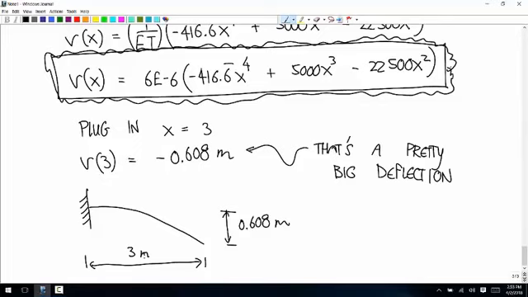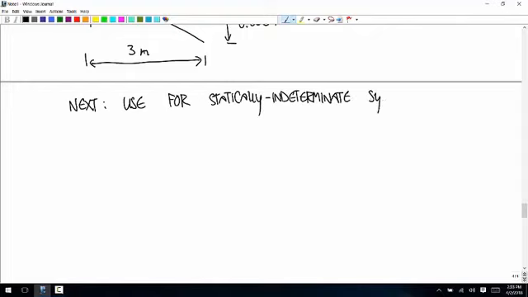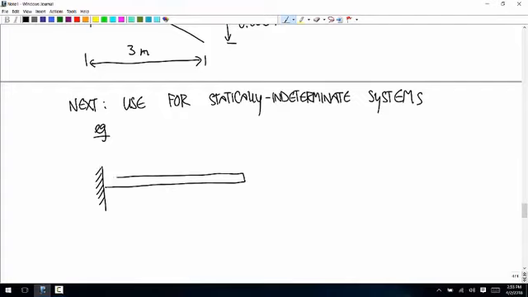All right, so next time, really the last thing we have to do with statically indeterminate systems is figure out, next, we'll use this for statically indeterminate systems, for example, what if you had a cantilever on the left and then another support somewhere like this?